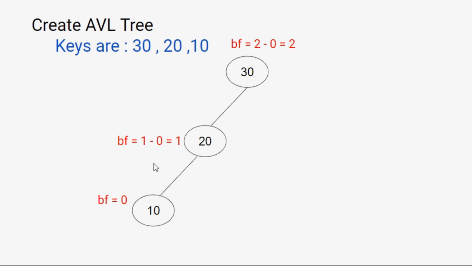Second one is known as double step or two step rotation, which is either left right rotation or right left rotation. LR, that is left right. Second one is RL, which is right left. If we can complete the rotation in one single step, that becomes a single step rotation. And if we need to perform two steps, that becomes a double step or two step rotation.